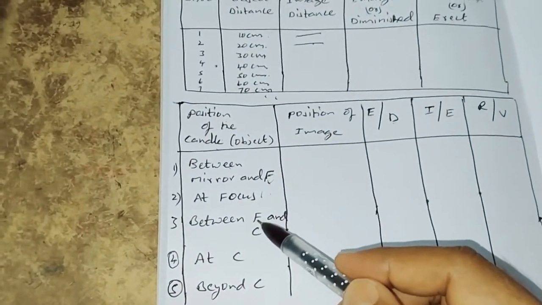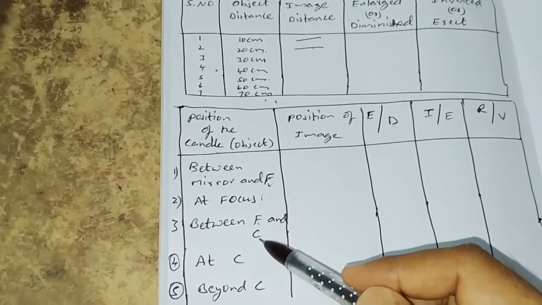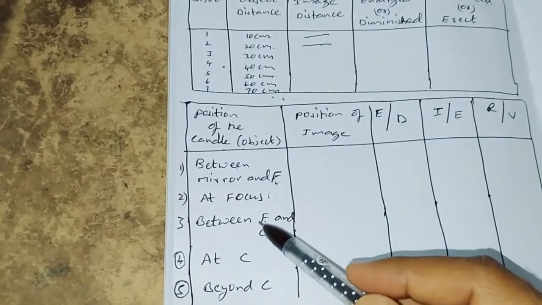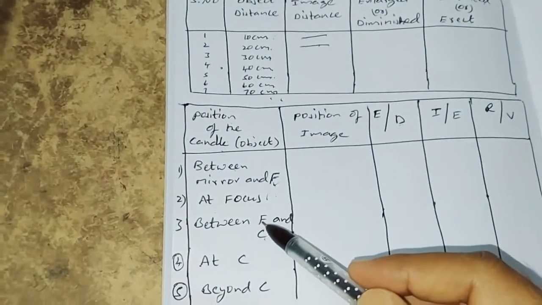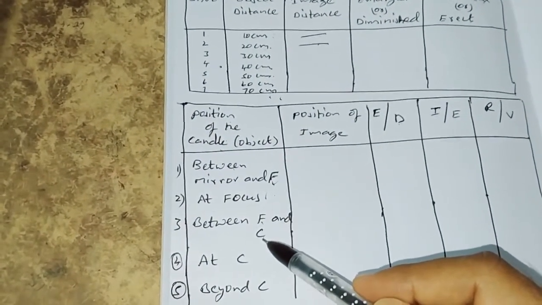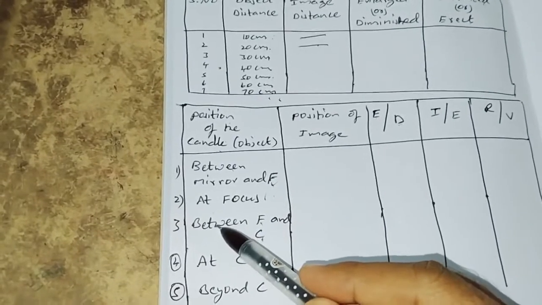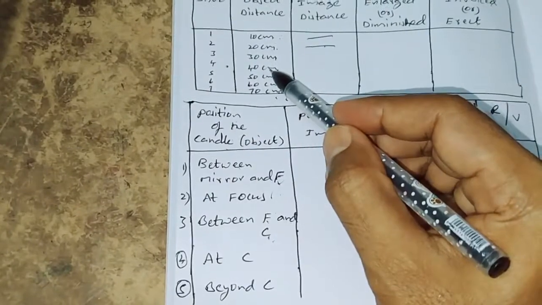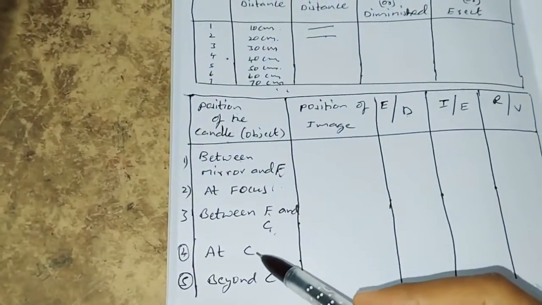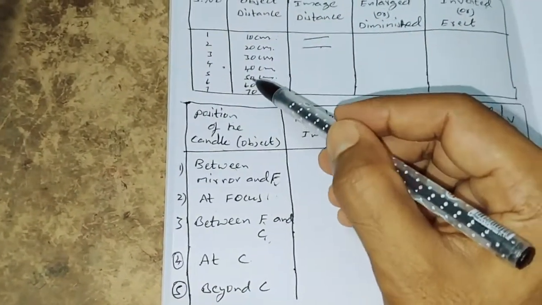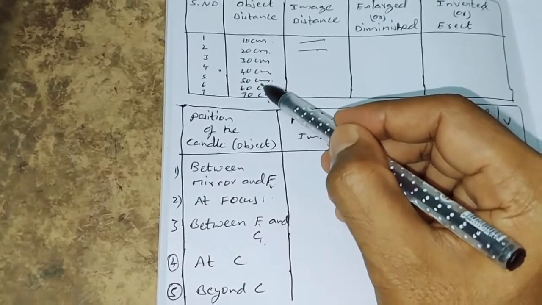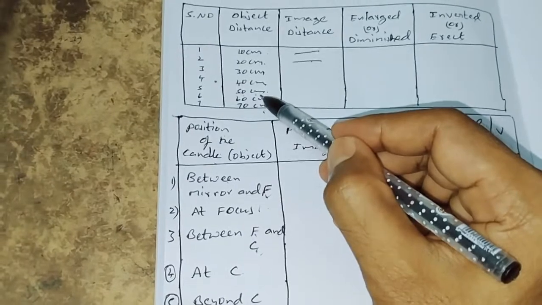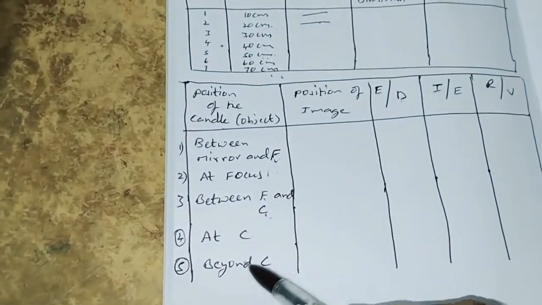So 20 is focus and C, center of curvature, means 40. So the third position, 30 centimeters, lies between F and C. Next, the fourth, 40 centimeters, means that is at C. Next, the fifth position is 50 centimeters. 50 centimeters means greater than 40 centimeters, that is beyond C.